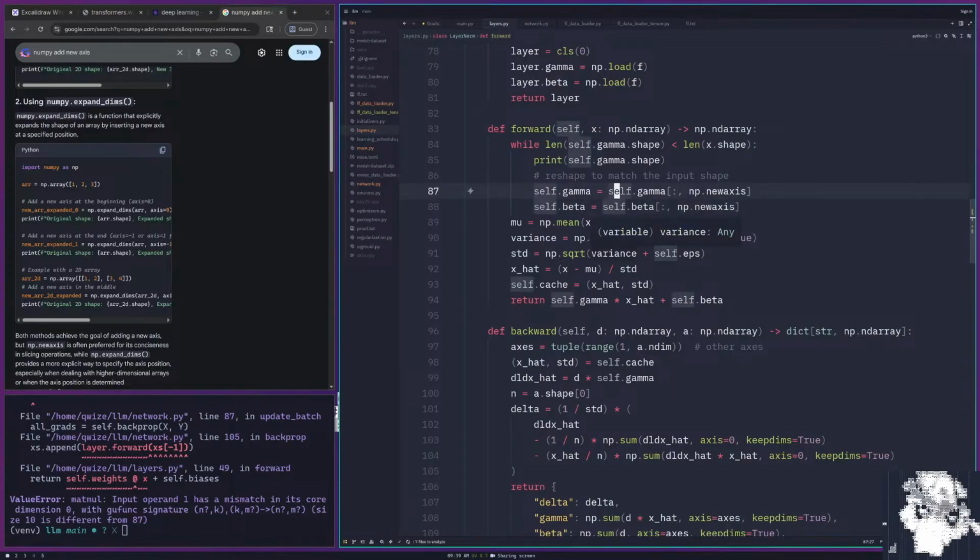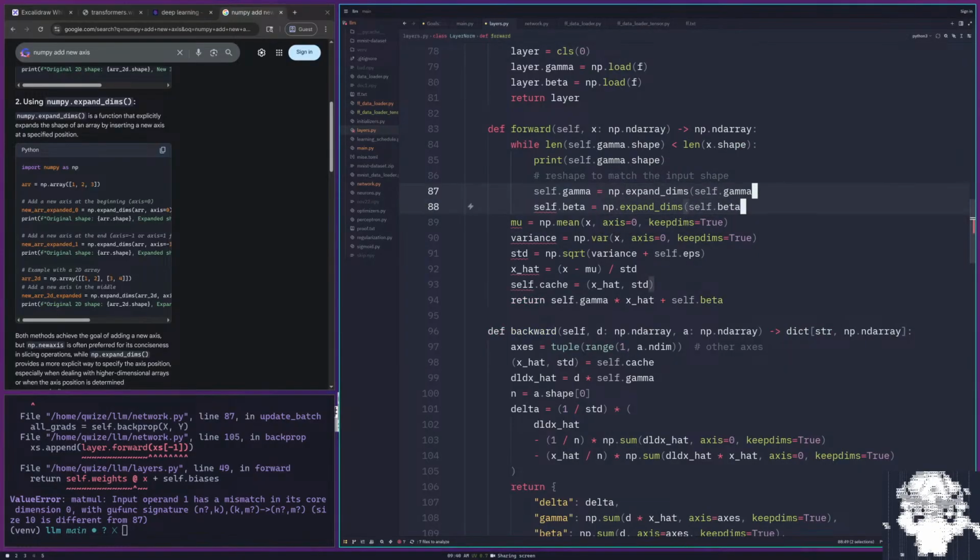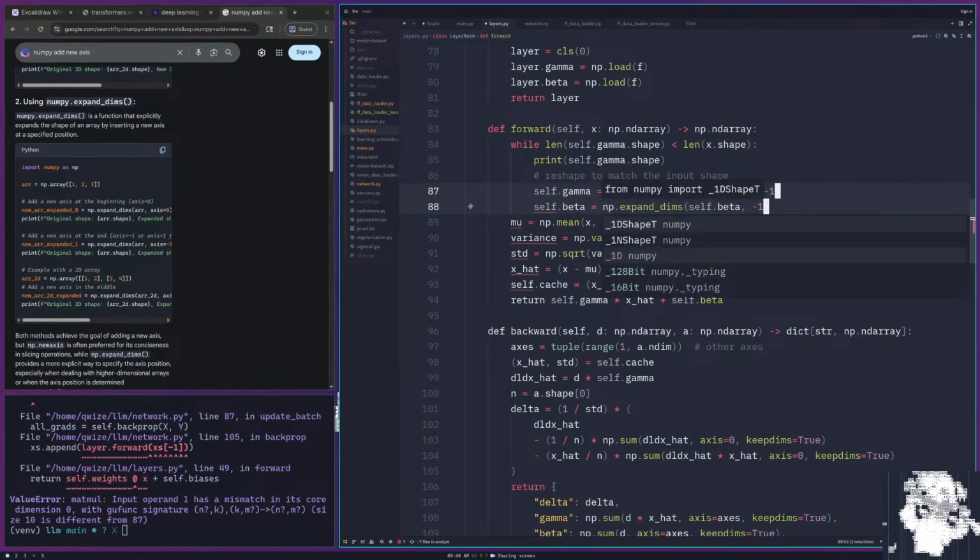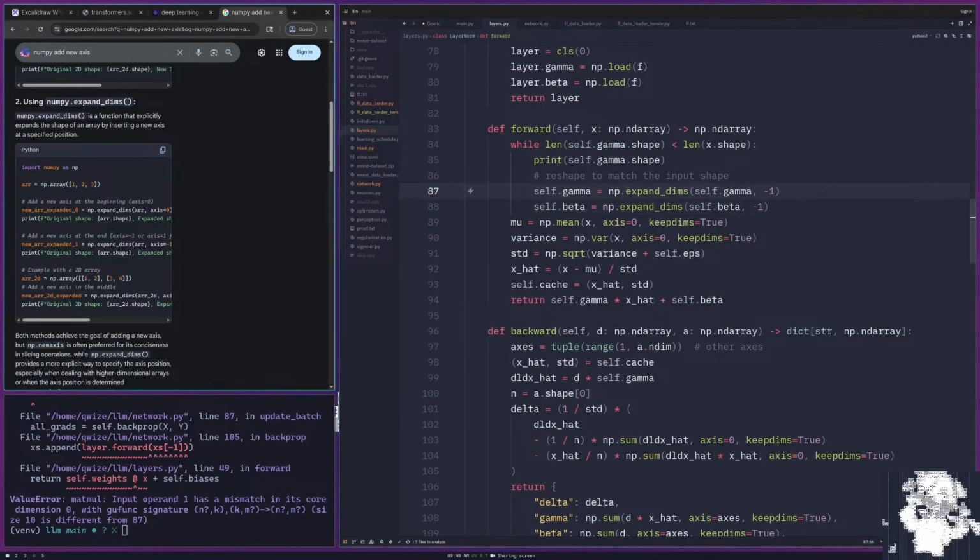Because I might need to do this instead. np.expand_dims of this. Add the new dim in the last slot.